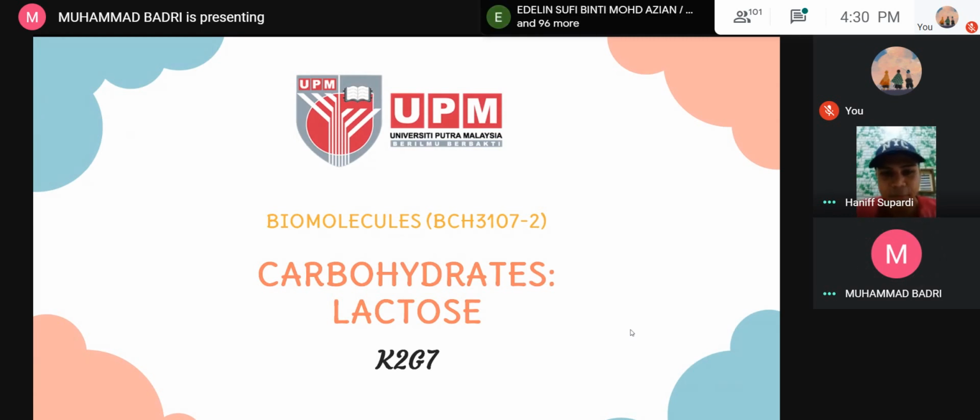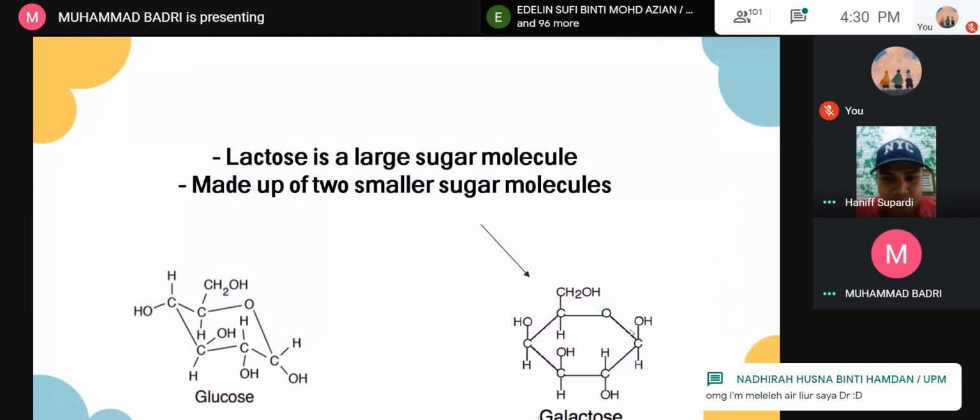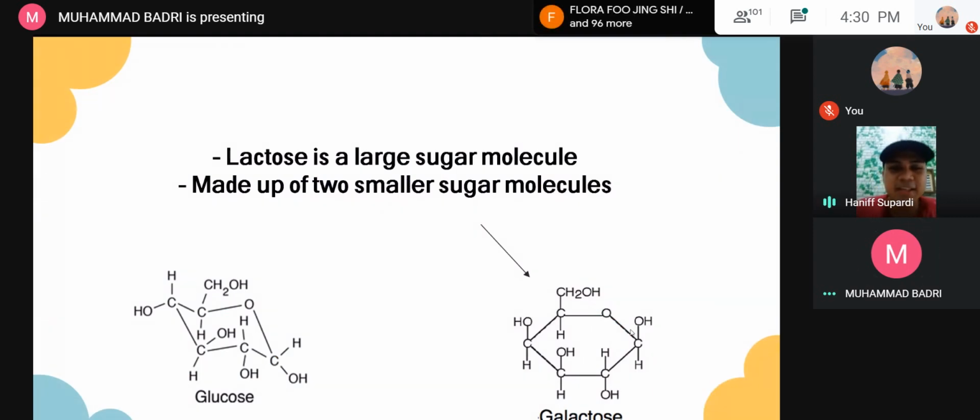For the definition, lactose is a large sugar molecule made up of two smaller sugar molecules: glucose and galactose. Glucose and galactose are both monosaccharides, and lactose is made up of both of them.